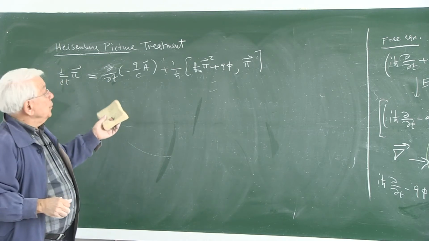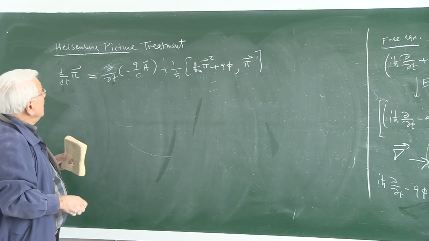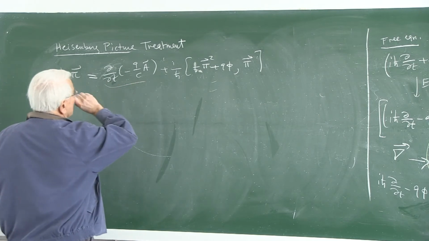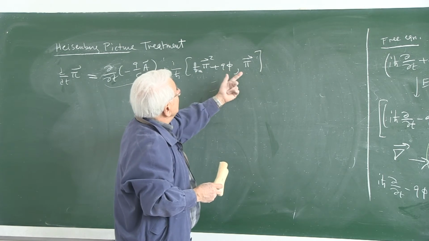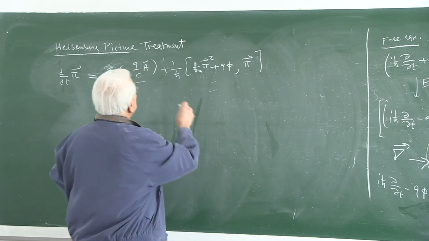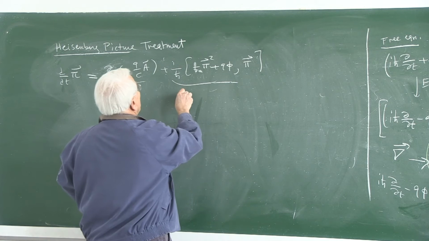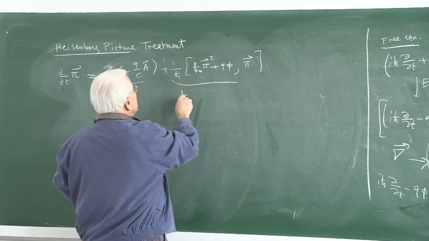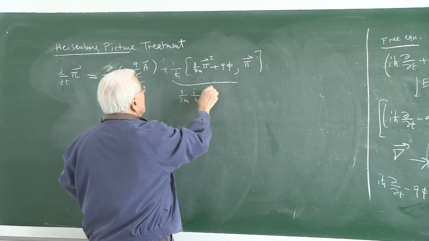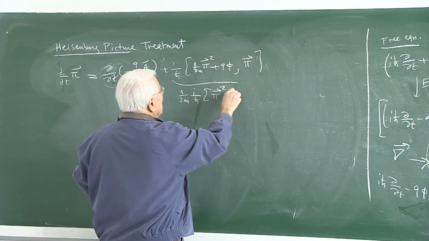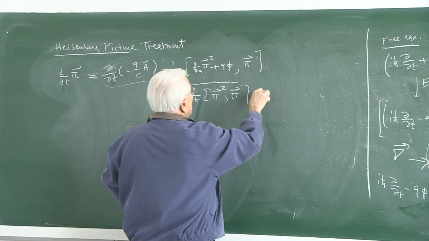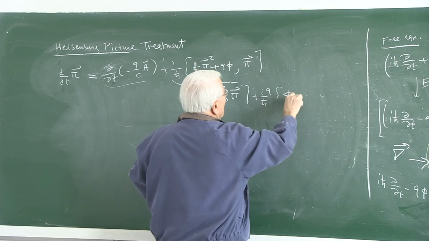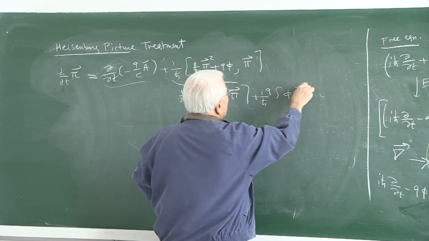Because I'm computing this. Well, this term is to be retained. It's going to be useful. And there are two terms in here. One term is 1 over 2m, i over h bar, the commutator of pi squared and pi. The second term is iq over h bar, the commutator of phi and pi.